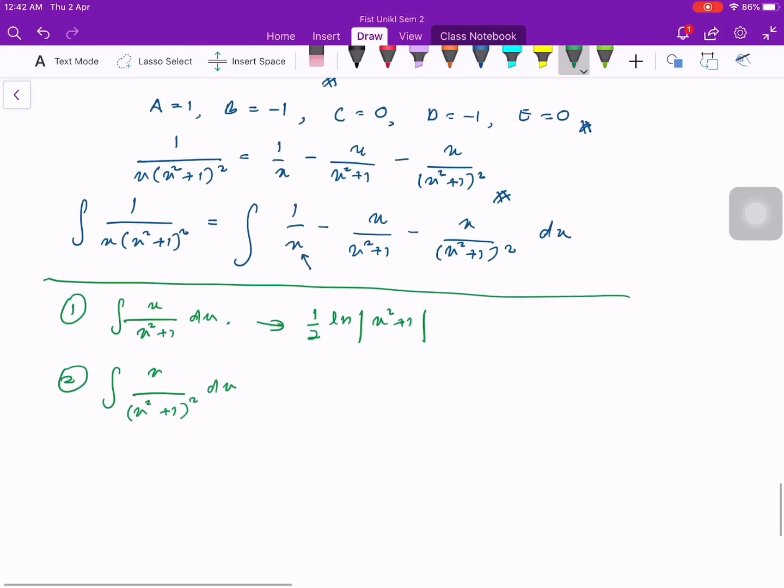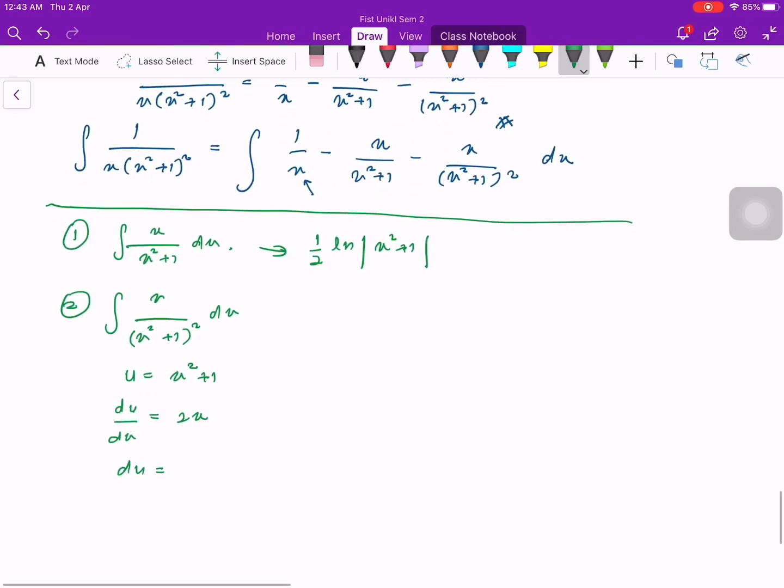Dan yang kedua we have integral of x divided by x squared plus 1 squared dx. Also we're going to use substitution. So we are going to select u is equals to x squared plus 1, which is the highest degree of polynomial as we discussed earlier. Then we differentiate with respect to x, we get 2x, and we simplify du is equals to 2x dx. So we divide them both by 2, then we are going to have half du is equals to x dx. Then after we substitute x dx with half du, we are going to have half du divided by u squared.